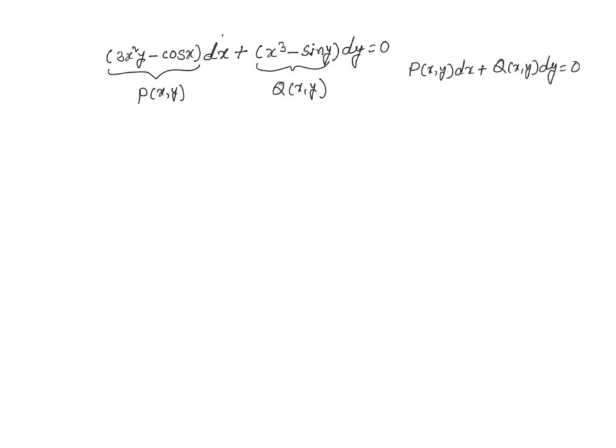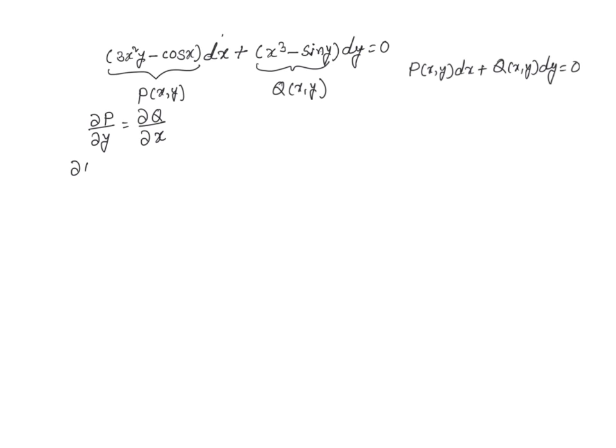Now, for this equation to be exact, as you know from the definition of exact differential equations, it must be true that ∂P/∂y is equal to ∂Q/∂x. So let's find these partial derivatives and see whether these two are actually equal.